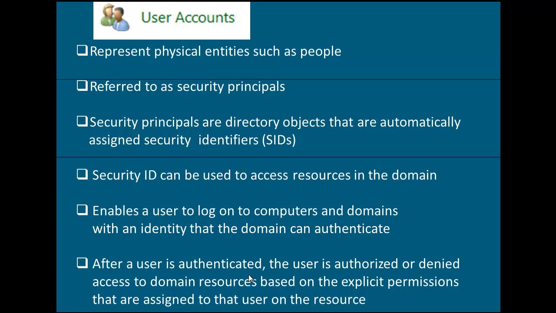But there's a catch here. Yes, you are allowed access to the domain, but you cannot access the resources, meaning the files and folders, unless the administrator explicitly gives you permission to access that particular file, folder, or printer.